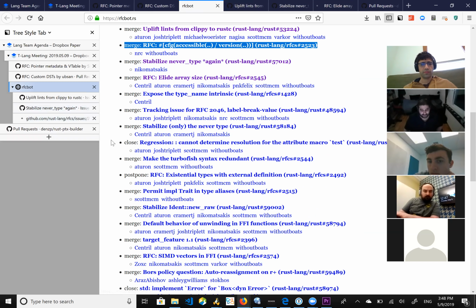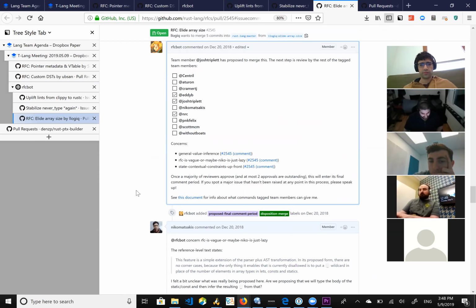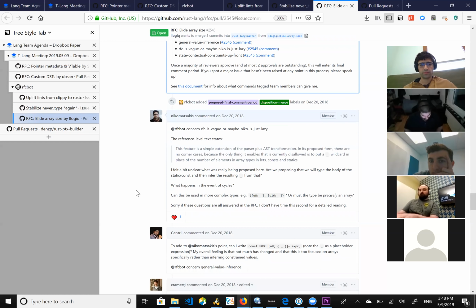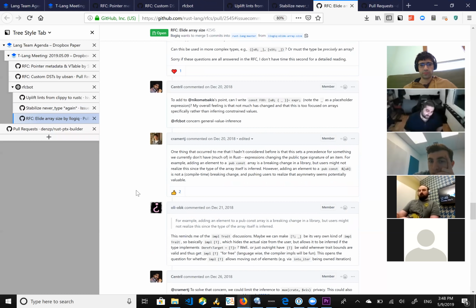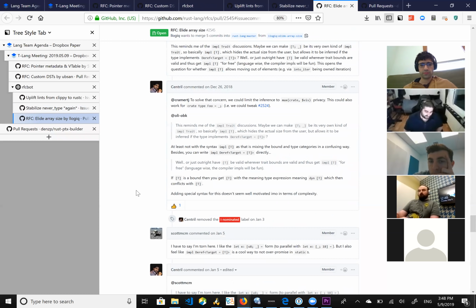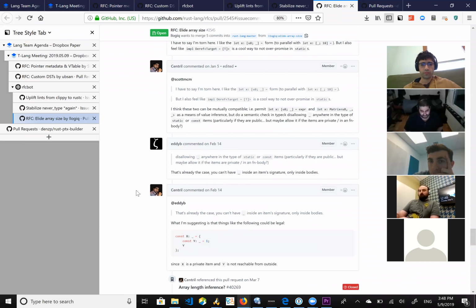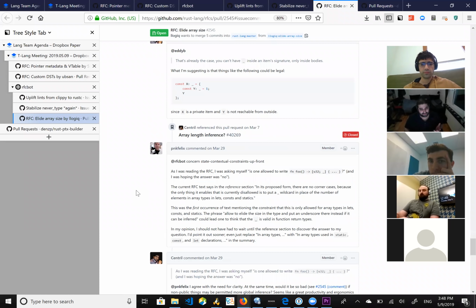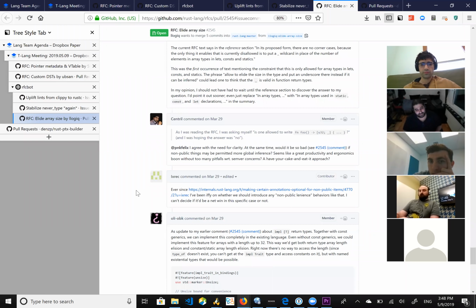The elide thing, elide array size. The concerns here are that the RFC is big, and also that it's too ad hoc. If I remember, my concern is that it's done specifically for arrays, rather than having an expression that means please infer, which then infers if possible.